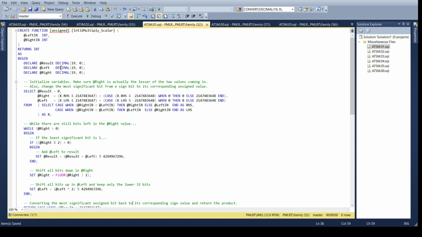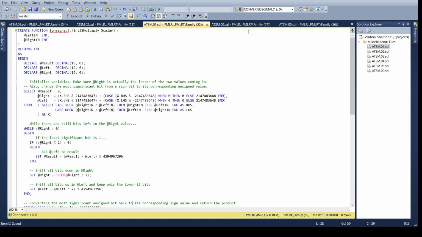It will run each row through this and call this a million times, and to SQL, this logic becomes opaque. It cannot optimize this in any way in the query where it's being used.